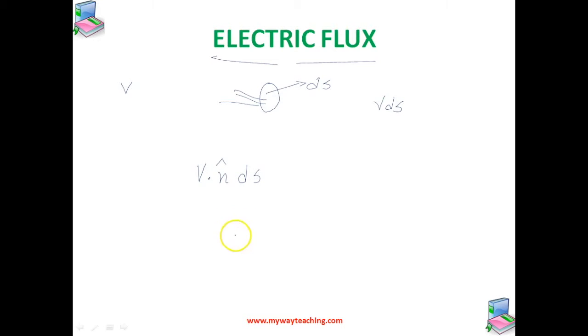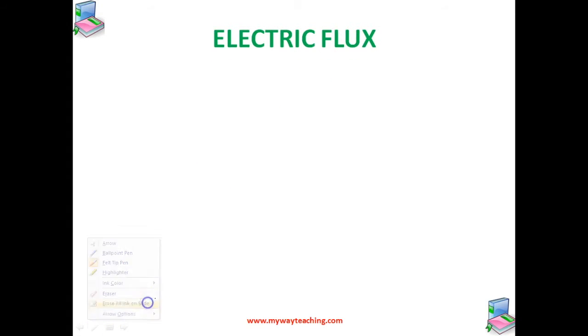For the case of the electric field, we define one more analogous quantity, and the name of the quantity is electric flux. But one thing is clear, that there is no flow of a physically observable quantity unlike the case of liquid flow. In liquid, there is a physical quantity, liquid, but in the case of electric fields, it is not physically that the flux is flowing.